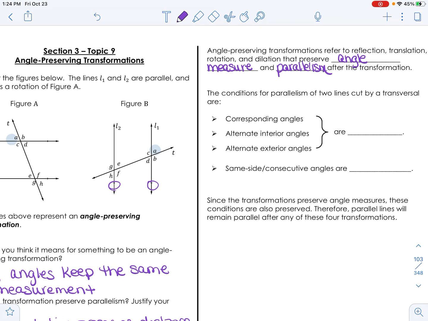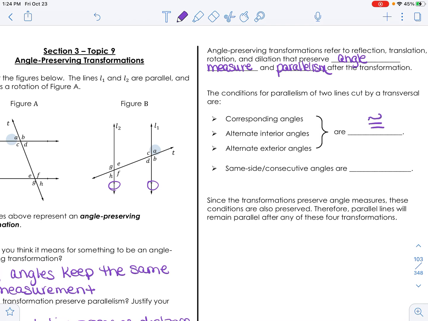The conditions for parallelism of two lines cut by a transversal are we have corresponding angles, alternate interior angles, alternate exterior angles. I hope you remember those from previous lessons.